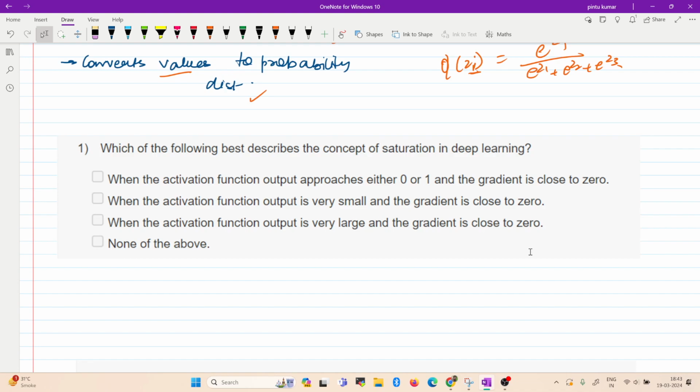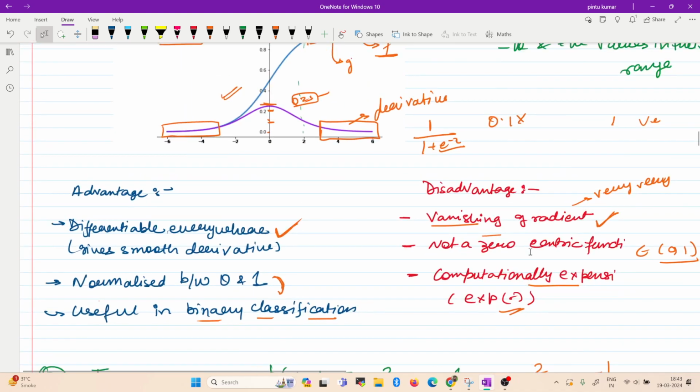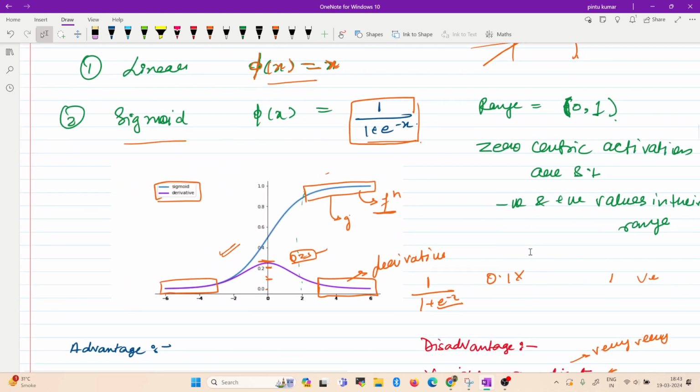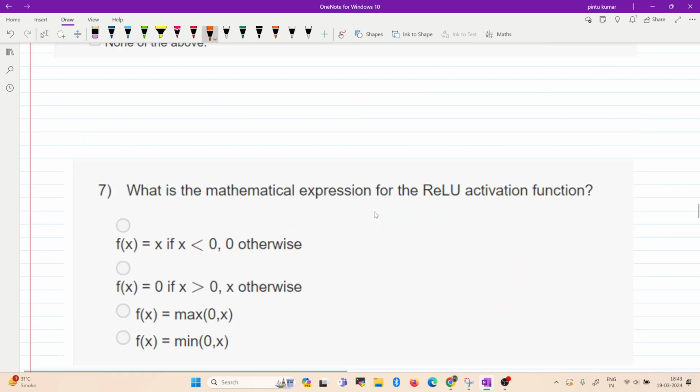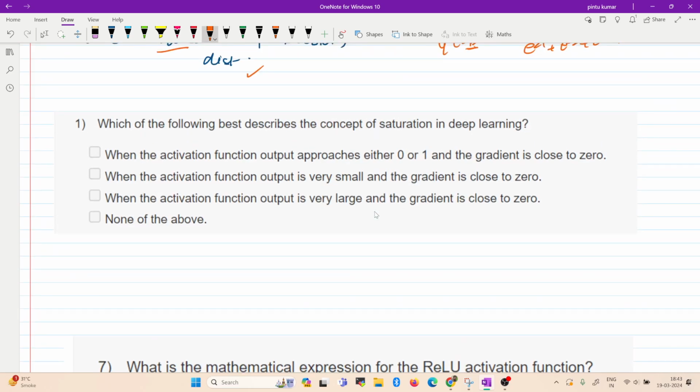As I mentioned, saturation is that your function values are very close to each other after a certain interval, which leads to the fact that your gradients are very small. So if it approaches either 0 or 1, because of which your gradient is close to 0, this is true.